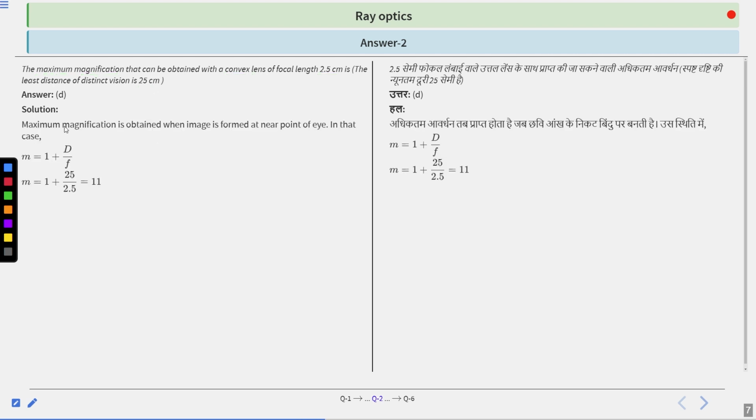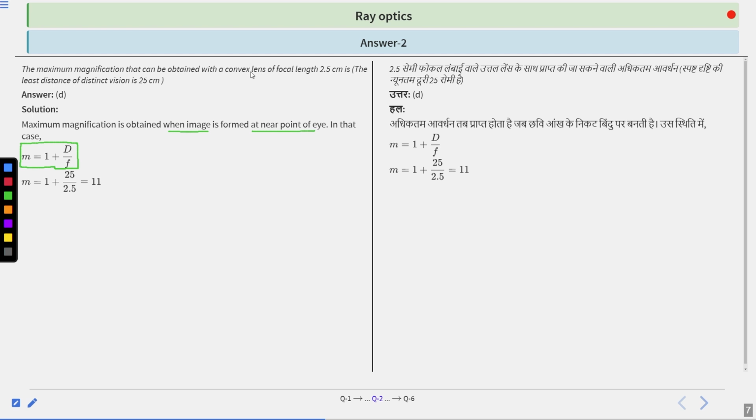Maximum magnification is obtained when the image is formed at the near point of the eye. In that case, the magnification formula is m is equal to 1 plus d by f. Here d is the least distance of distinct vision, which is 25 centimeter.